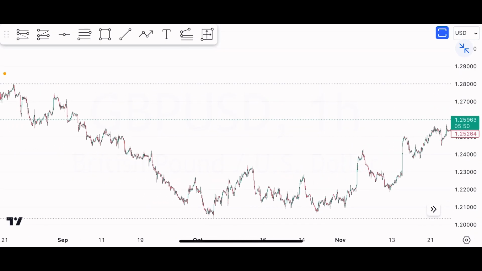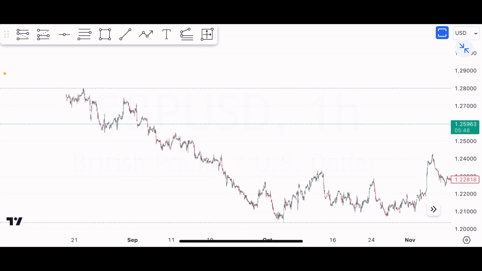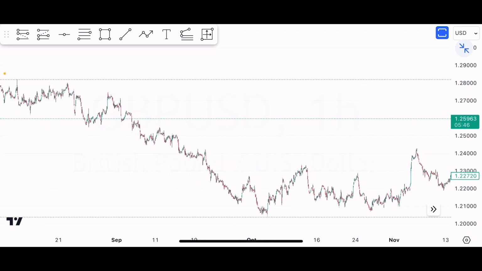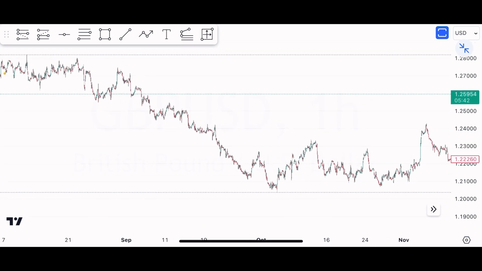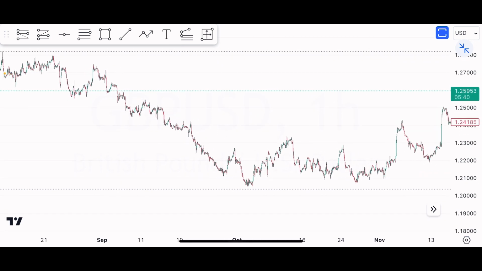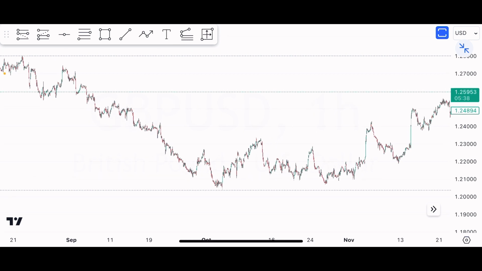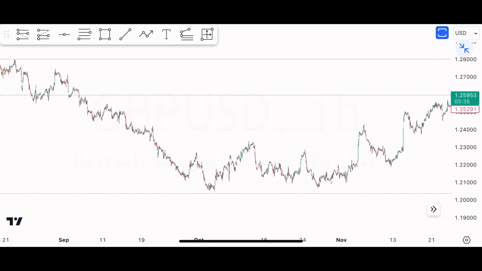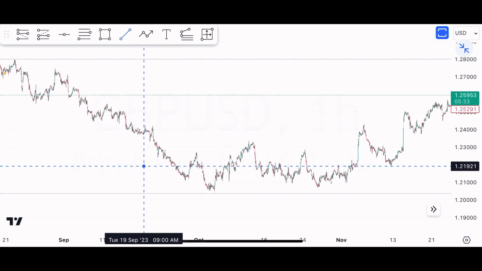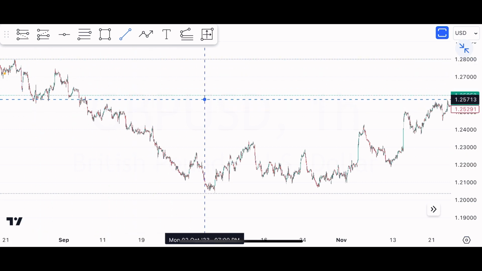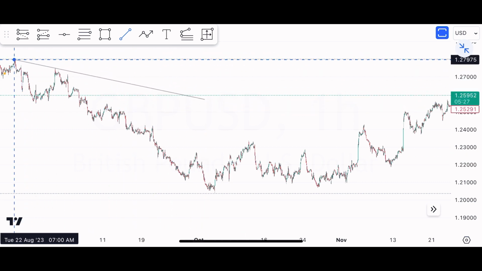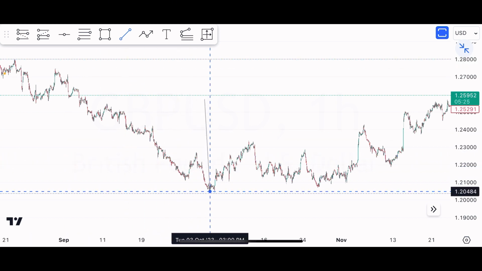So guys, we are on the GU chart, 1 hour time frame, and here we'll be going over all the concepts we explained. So currently on this chart, we can see that the highest price point is here, and here is the lowest price point.